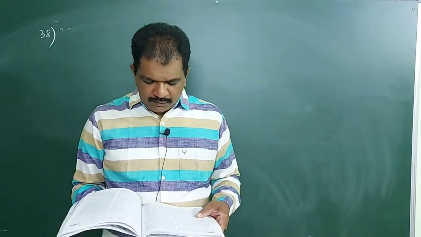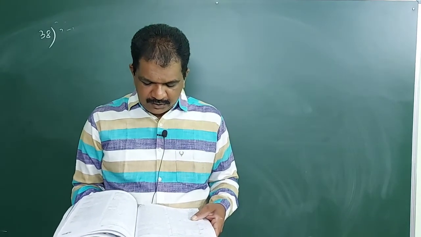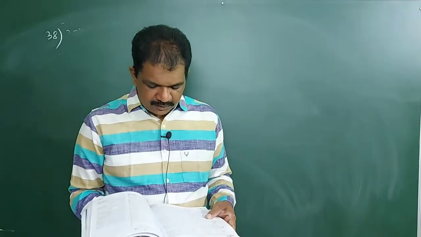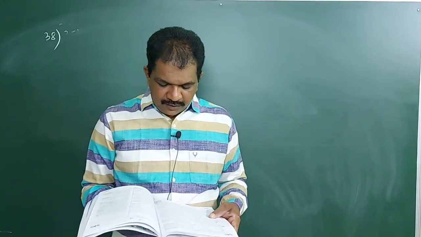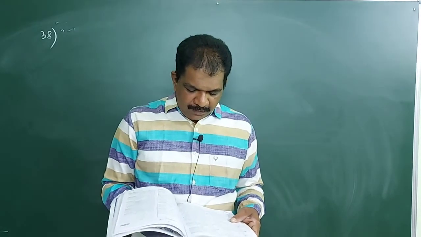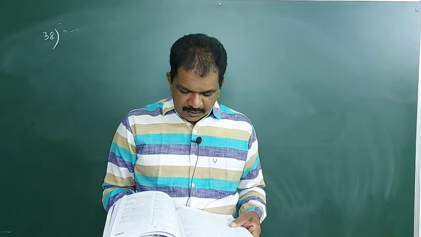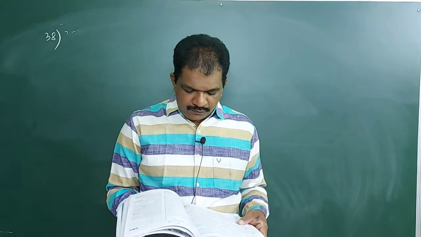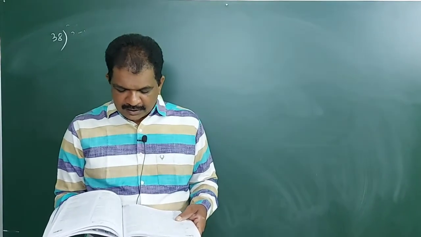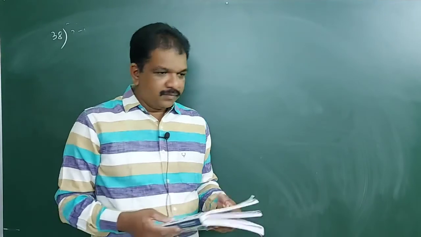The photoelectric threshold wavelength for silver is 3250 into 10 power minus 10. What is the velocity of the electrons emitted from the silver surface by ultraviolet light of wavelength 2536 into 10 power minus 10 meter? Okay.